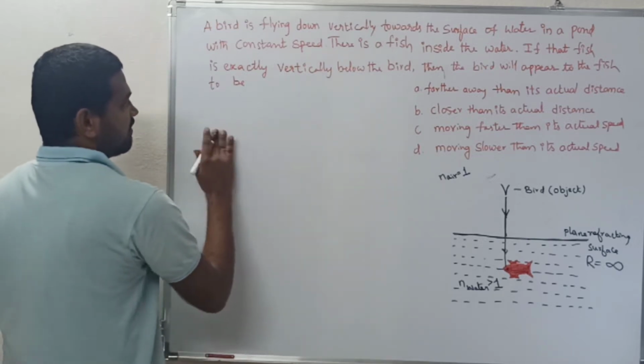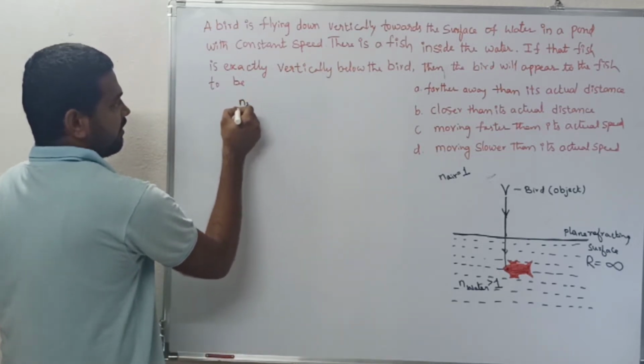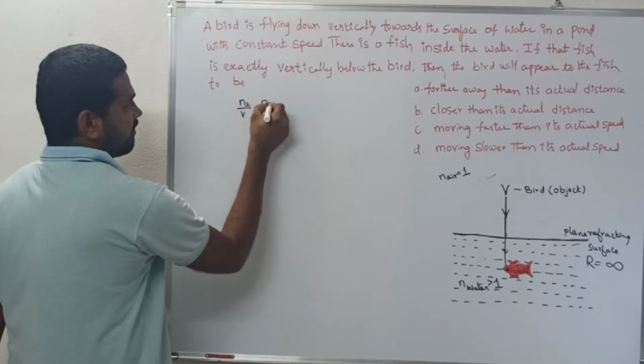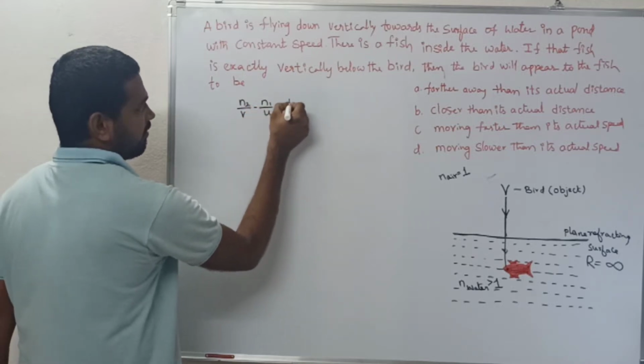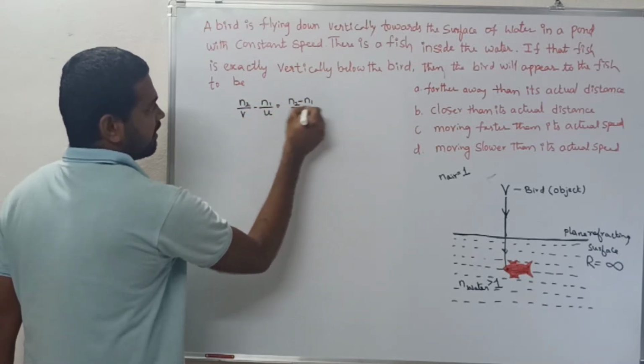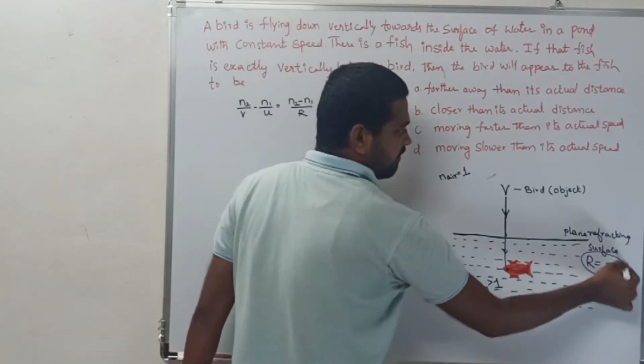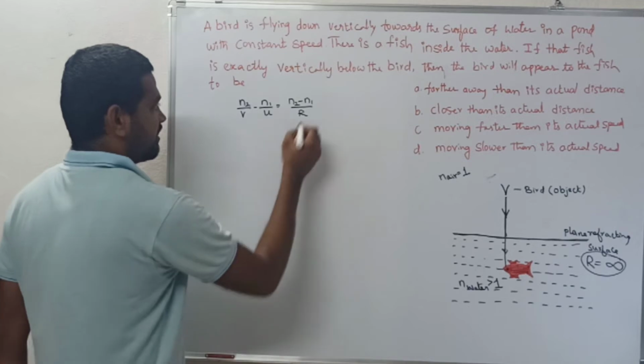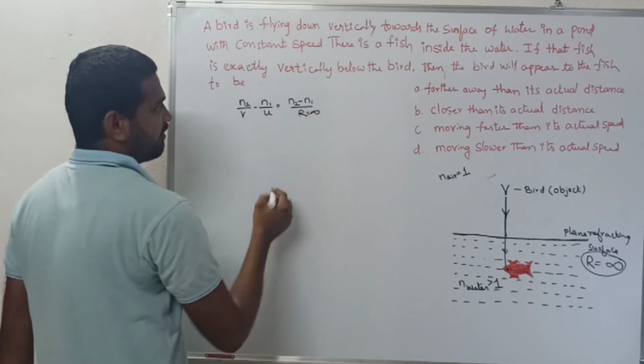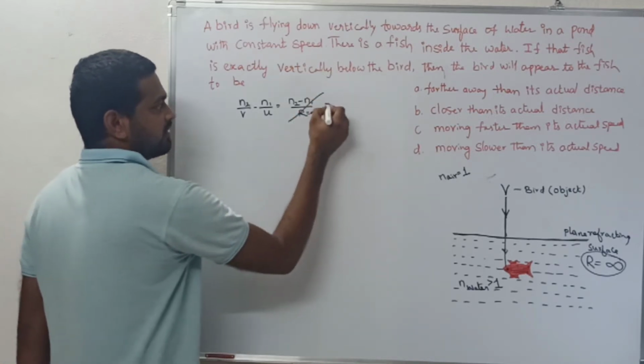So what is the curved surface image formation formula? N2 by V minus N1 by U is equal to (N2 minus N1) by R. This is the formula, but the R value is infinity. Why? Because it is a plane refracting surface, so R becomes infinity, and this term will become 0.